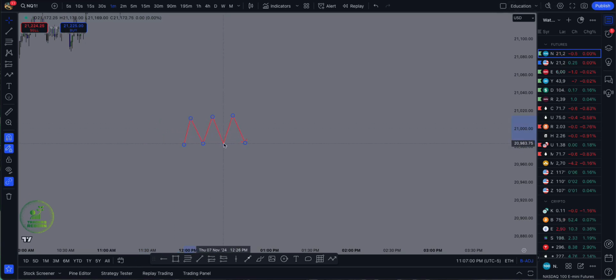We have our high and our low side of the range, and it's formed between 12 o'clock and 1:30.